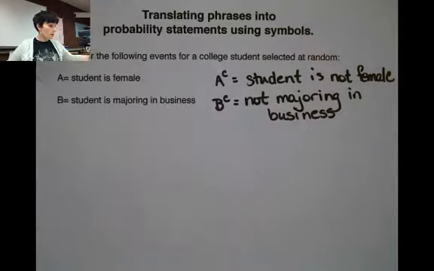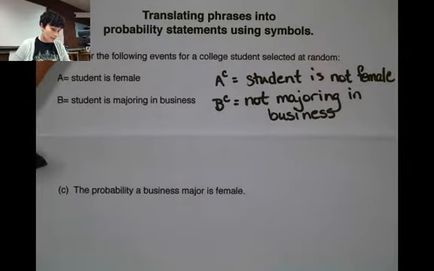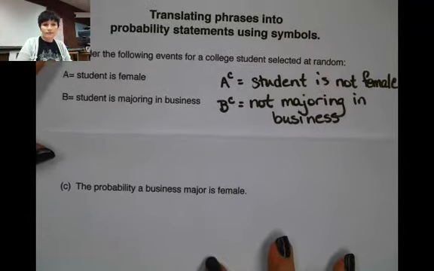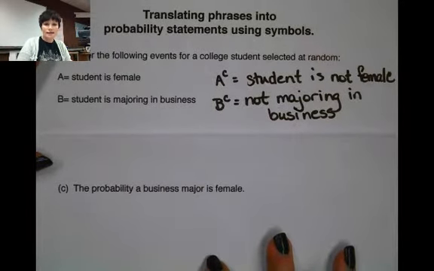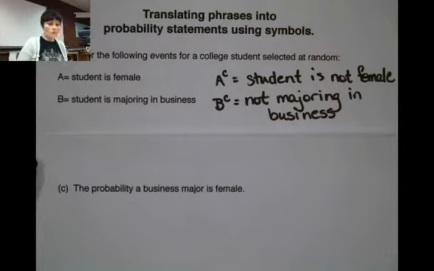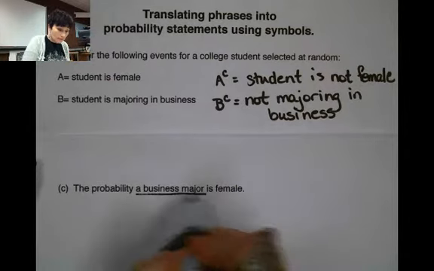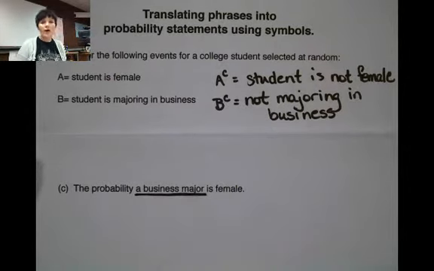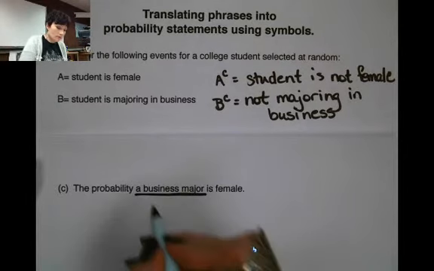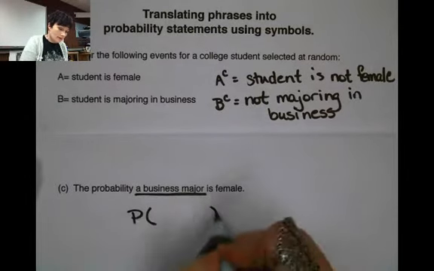So one more. This time we have the probability that a business major is female. This time we know that we already have a business major, so that has already occurred.